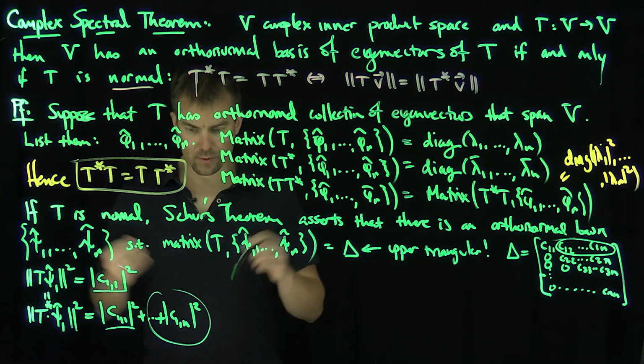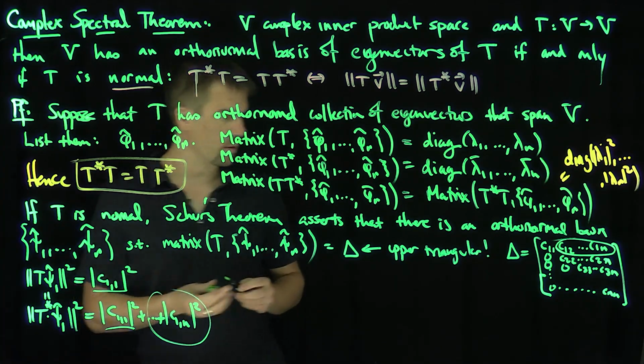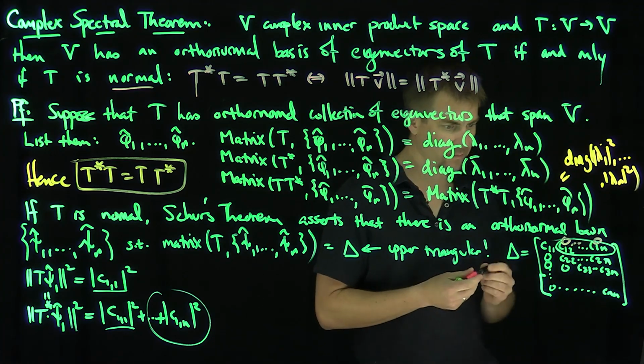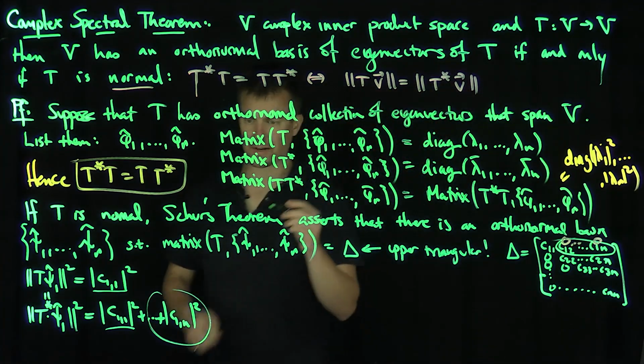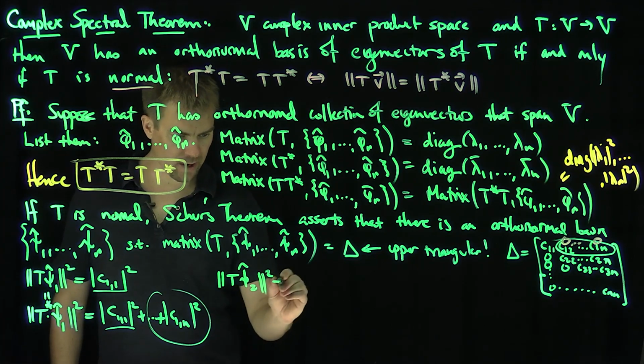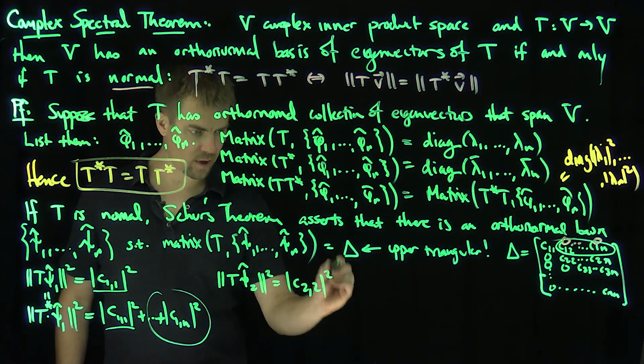So now what can we say? Let's do the same thing with psi 2. All those have turned into zeros, right? I know that the norm of T psi 2 hat squared is just going to be C22 squared.